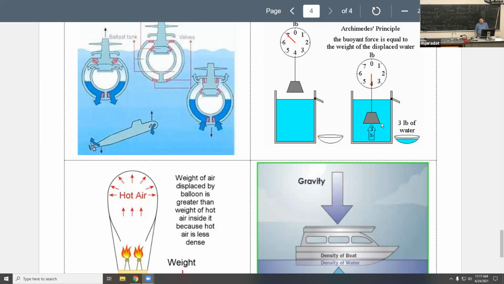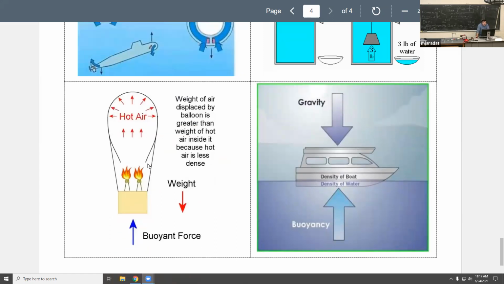There are calculations, and we don't need to talk about it. Also, hot air balloons do the same thing, because the hot air has a lower density than the cold air. Because of that, it is lighter than the cold air, so there is a buoyancy force upward.